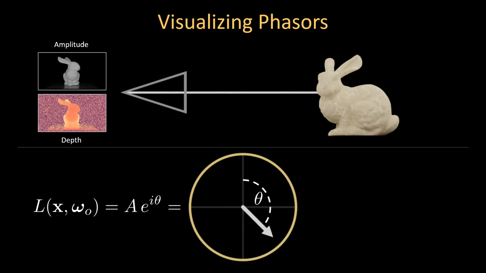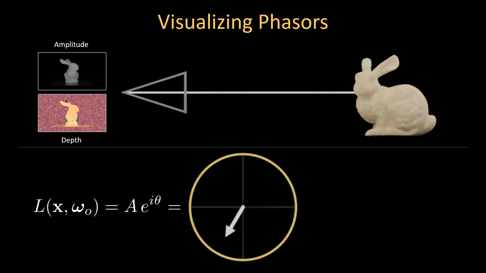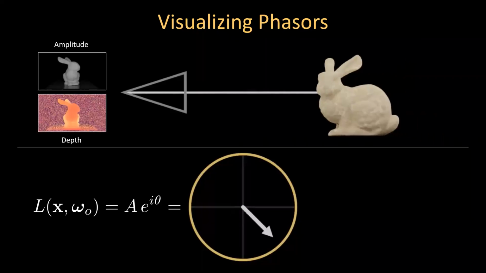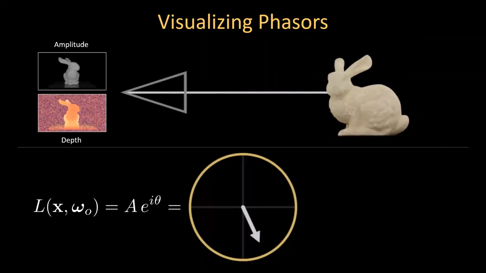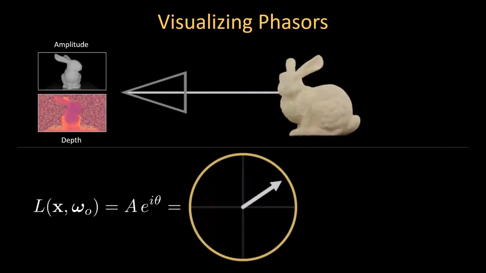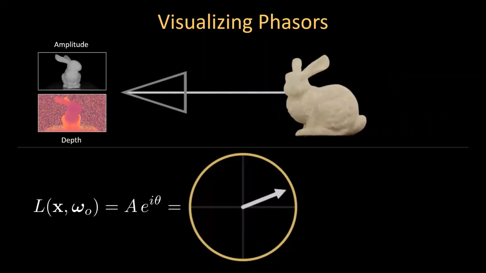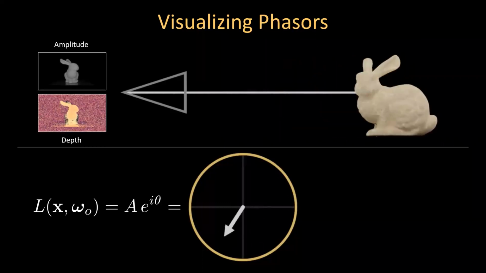The phase is the angle of this vector, and the amplitude is the magnitude of this vector. As the bunny moves back and forth, we see that the value of the phasor changes, its angle changes, and its magnitude changes. We're going to use this visualization to explain how we can avoid the problems that we saw right at the beginning.